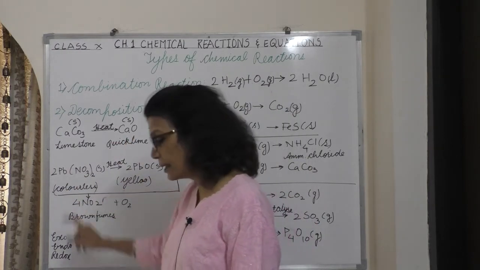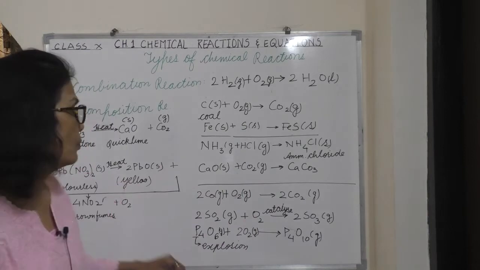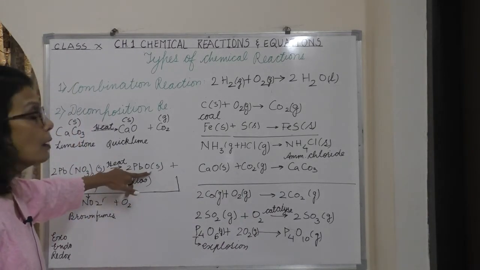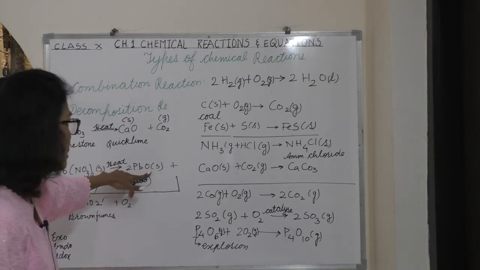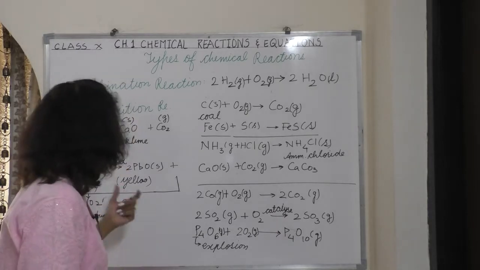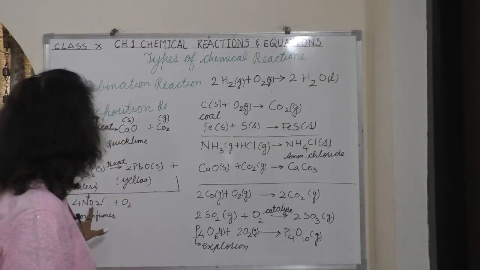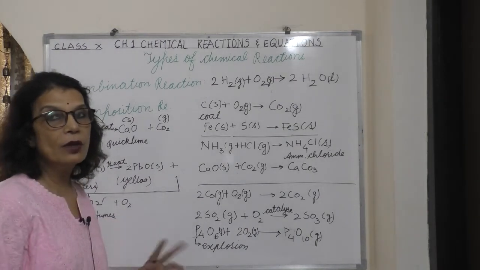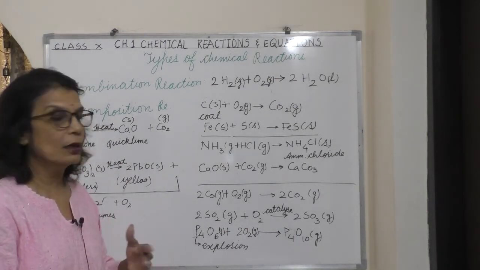Next one, here I am going to give you an example of lead nitrate. When it is reacting in the presence of heat, it gives you PbO, that is lead oxide, and nitrogen dioxide and oxygen. Here you can observe the change in color.